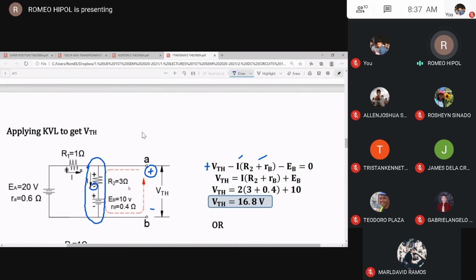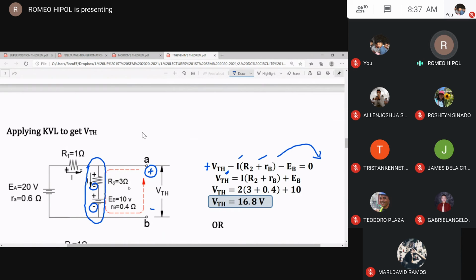Then next is getting the polarity of the supply, E sub B. So we have a negative value. So E sub B then equate to 0. Rearrange. So since we are looking for the Thevenin's voltage, so transpose lang natin to the other side kasi positive na to.